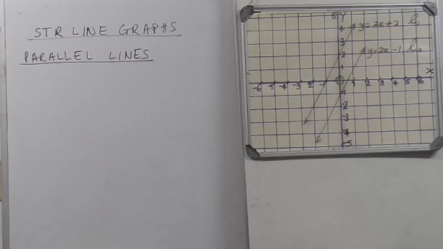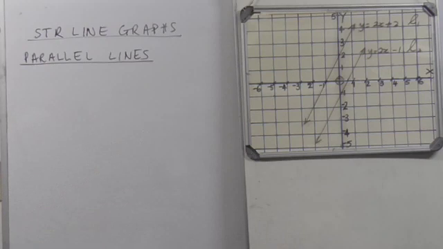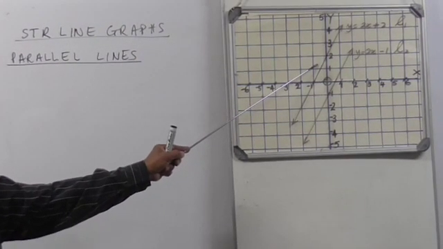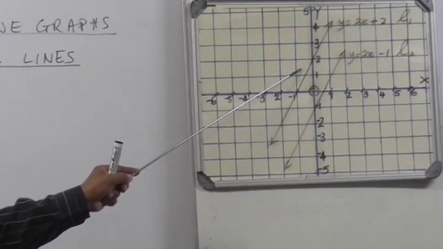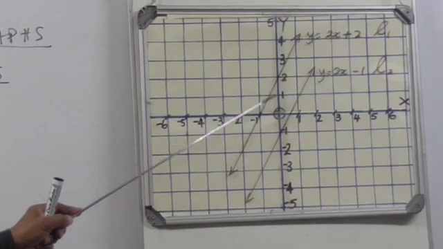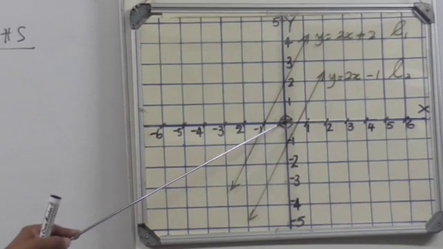Right, welcome. Now we are doing parallel lines. I want you to study these two graphs here. You have the two graphs: y is equal to 2x plus 2, which we can also call line 1. Then we have line 2, y is equal to 2x minus 1.